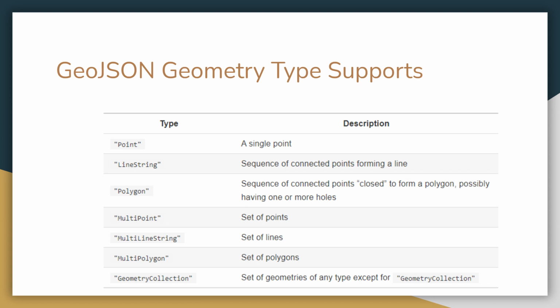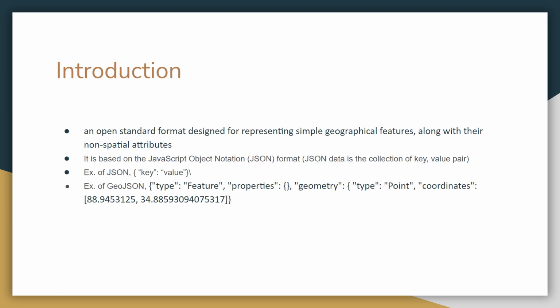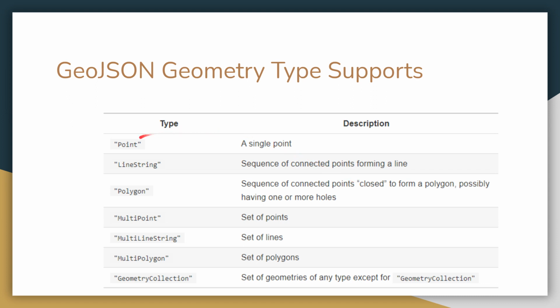So here I list out the types of geometry in a GeoJSON feature. As I already mentioned, inside geometry we have the type property. The type can be point, line string, polygon, multi-point, multi-line string, multi-polygon, and geometry collection.